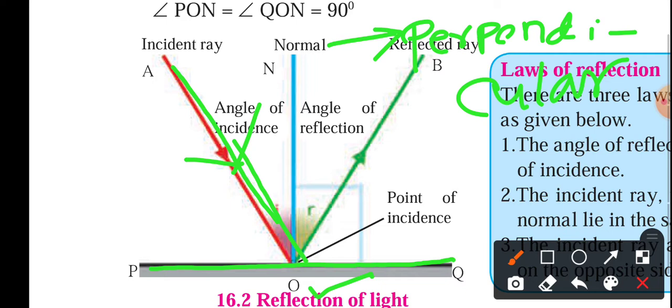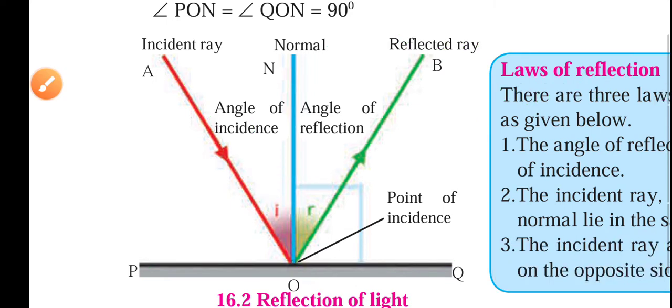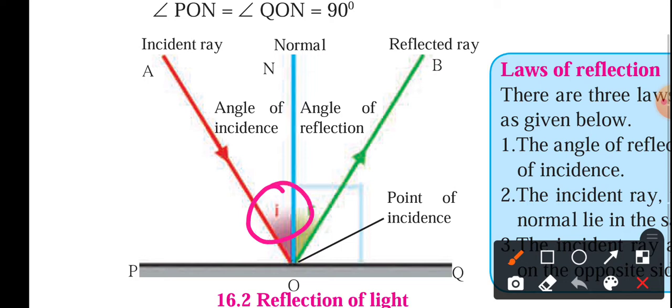The incident ray is the light falling on the surface in a particular direction, and the normal and the incident ray make a certain angle. That angle is called angle i, which represents the angle of incidence.